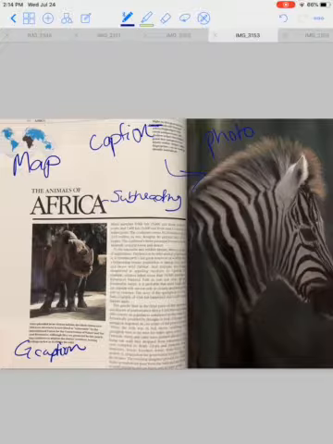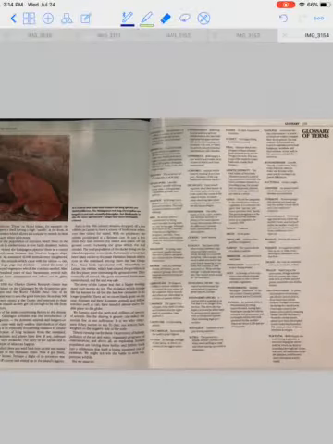We know now we're in Africa. We can picture it on the map. We can picture a rhinoceros, what that looks like. We understand that this is a picture of a zebra and it shows how the shadows and stripes distinguish their species. So rather than just reading about a rhino in Africa and a zebra, we're actually getting to see what those look like.